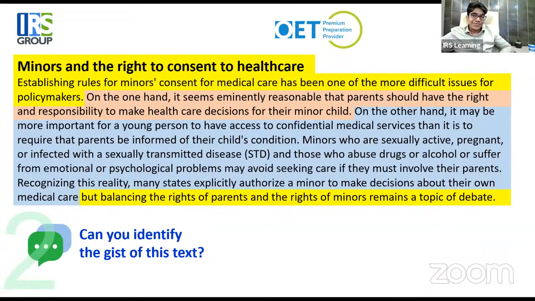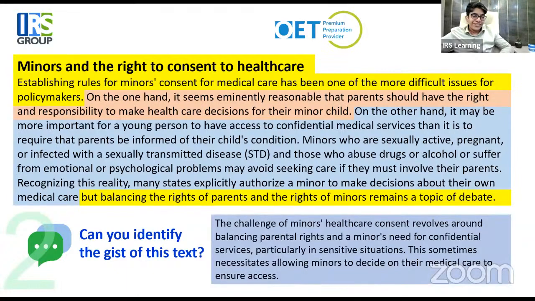Good. So here is a sample gist on the screen, but that's okay. You can have your own gist. Yes, yes. I see some of your answers.